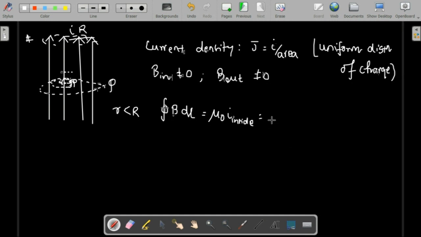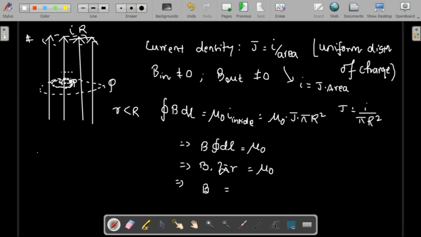So we can simply write it down as mu naught into, now what is I? If you look here, I is equal to J into area. So this area means we are talking about the current density. Okay, if you are going to find out density, let's say it is mass by volume.